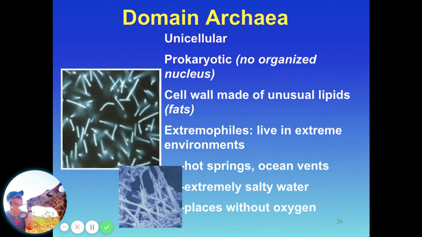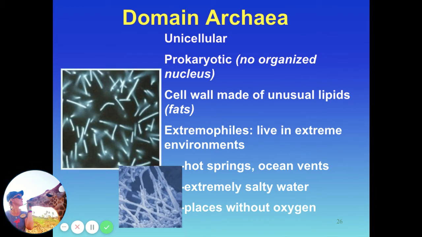So the characteristics of domain archaea that you should write on your flip chart are that they are unicellular, prokaryotic, their cell walls are present, but they're not made of peptidoglycan. They're made of an unusual lipid instead, and lipids are fats. The archaea are found in extreme environments, so we call them extremophile, meaning they love extreme environments.